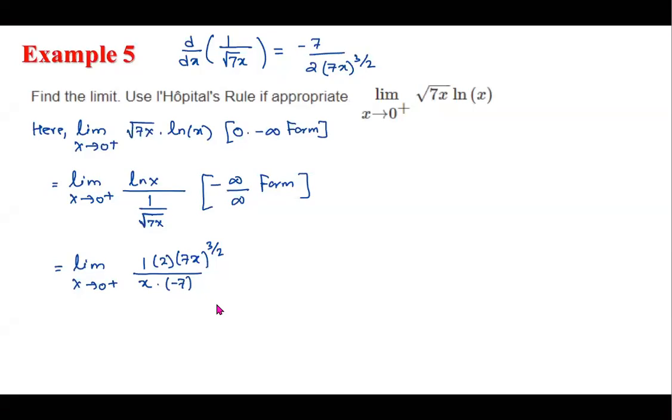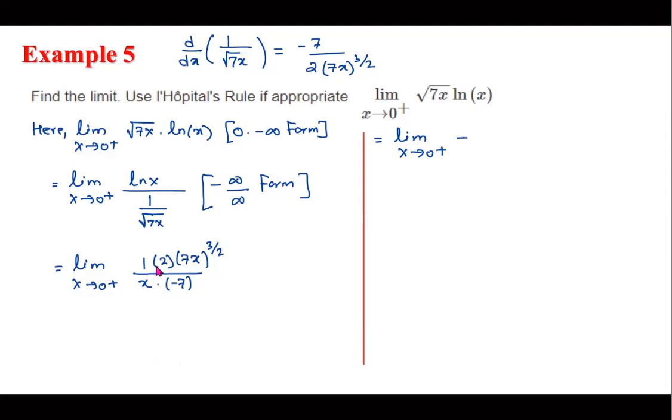So first thing is, let me write here at the side. This is equal to the limit as x approaches 0. And then you can see here is 2. And here we are dividing by negative 7. That is a negative. So the numerator will be positive, the denominator will be negative. That means my answer will be negative.